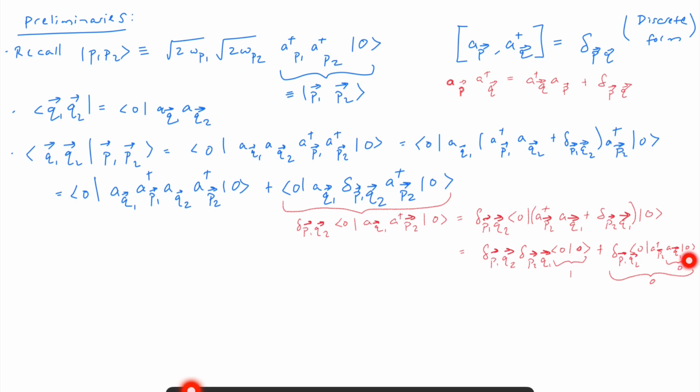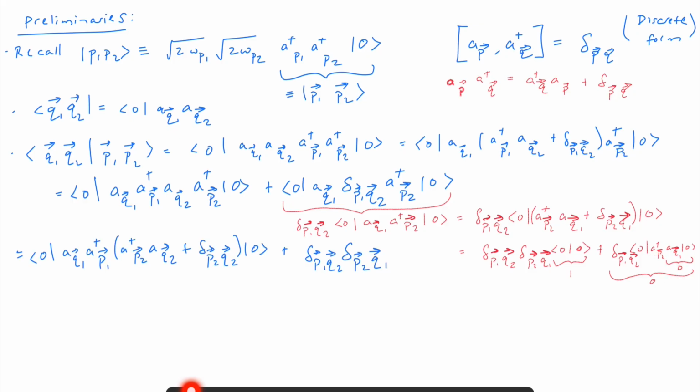When you're acting on the vacuum state, you just get the number 0, and that makes this whole expression 0, which basically makes this whole expression equal to just this delta function, since this is 1. So that's how I rewrote this; this is the final answer for that.